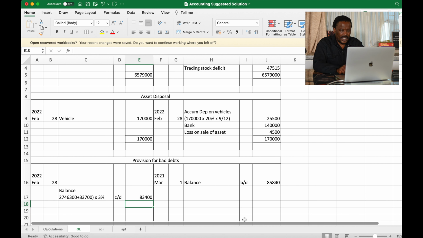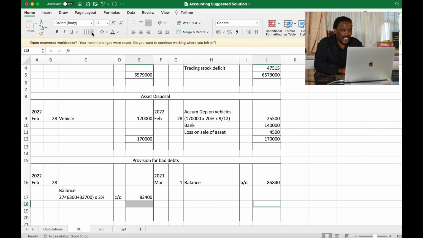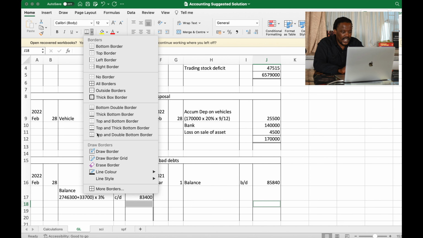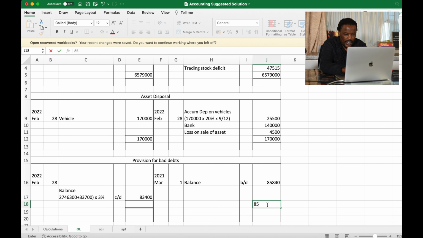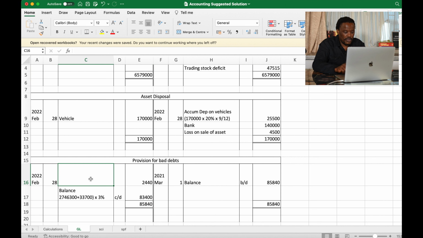Now you determine which side is bigger, credit or debit. 85,840 is the bigger side, and then the difference should come here: this total minus the balance carried down should give me this amount of 2,440, which is called provision for bad debts adjustment.